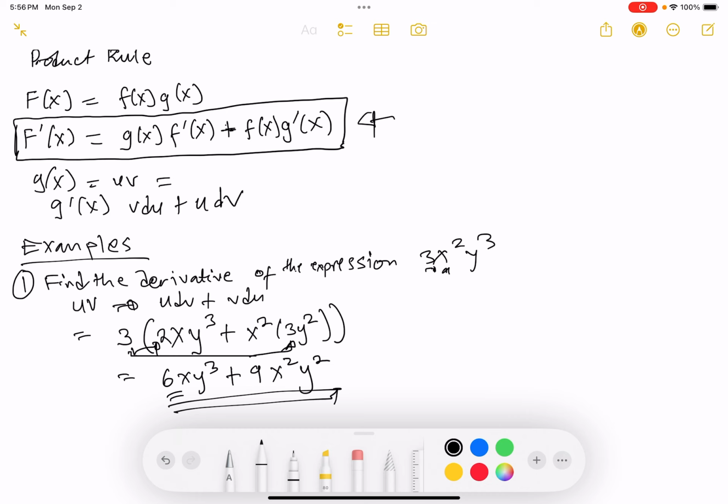I kind of want to do another example on this. So we'll do a second example.